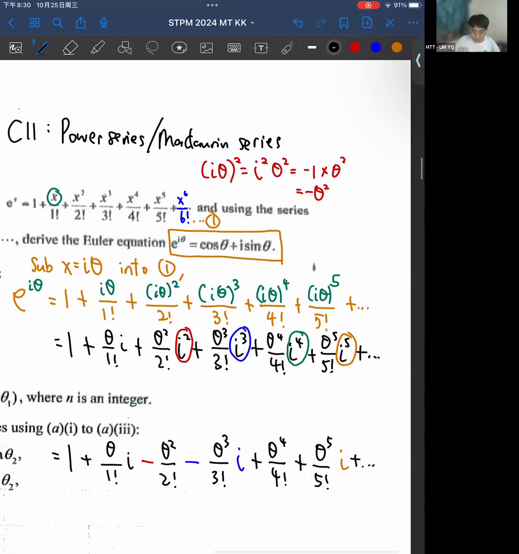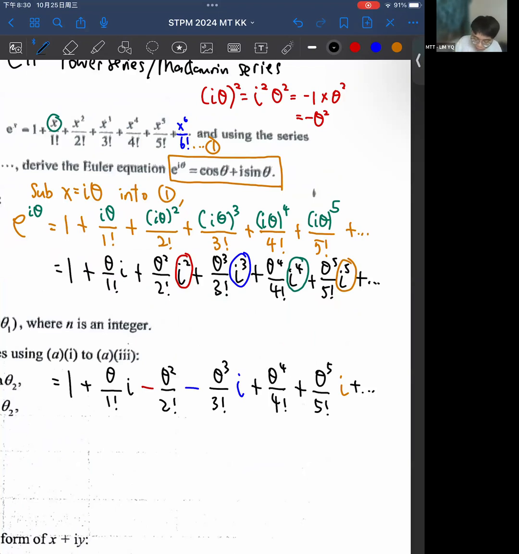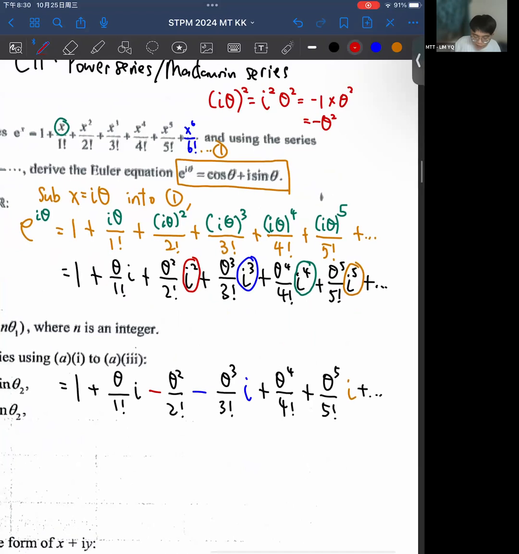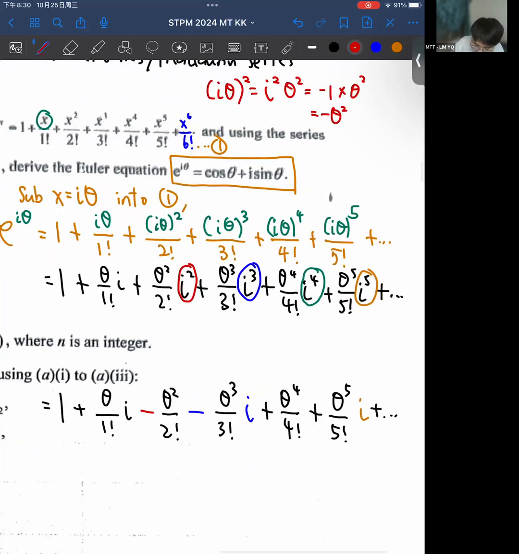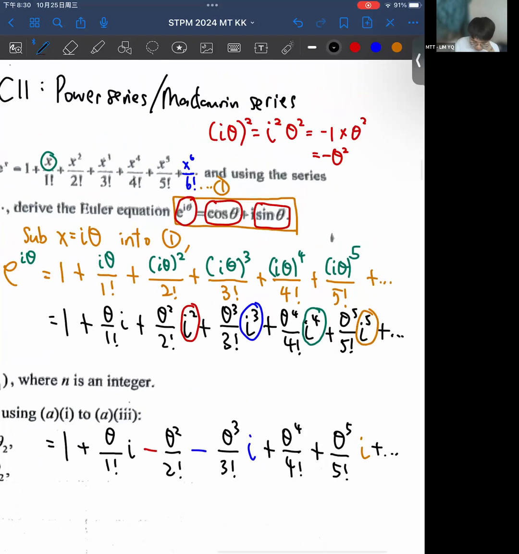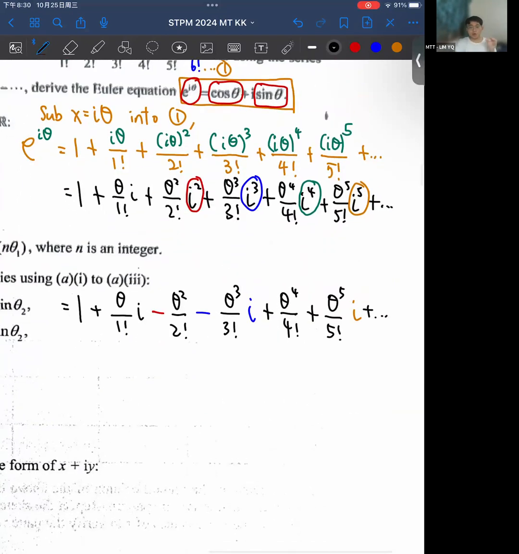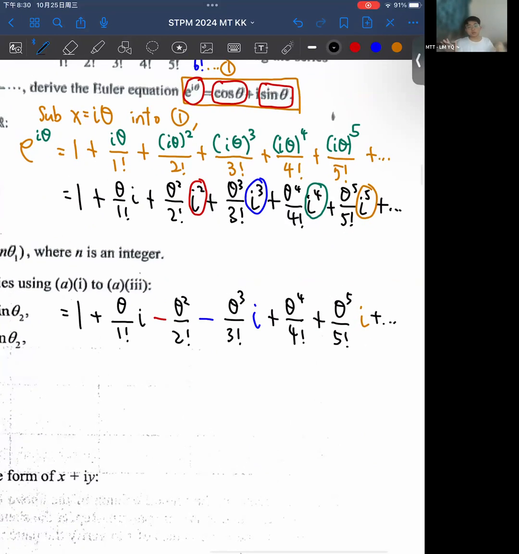Now how do we transform? What do we want to show? We want to show Euler's formula, right? Now you must use both of the series. One is this one, and the other one is cos theta and sine theta. You want to show they are equal, using the series to show. Now for a complex number, you separate it into one called the real part, the other called the imaginary part.